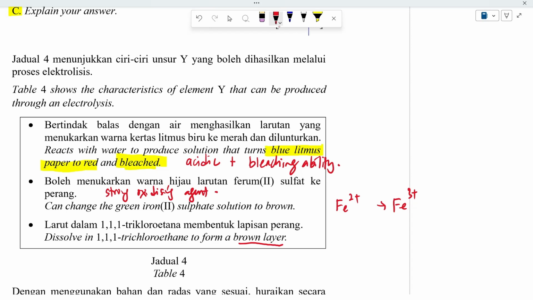So which one? Bromine, yes. So this is the bromine. If chlorine, what color? Yellowish. How about iodine? Purple color. So bromine. Bromine has bleaching properties also. Iodine doesn't have.